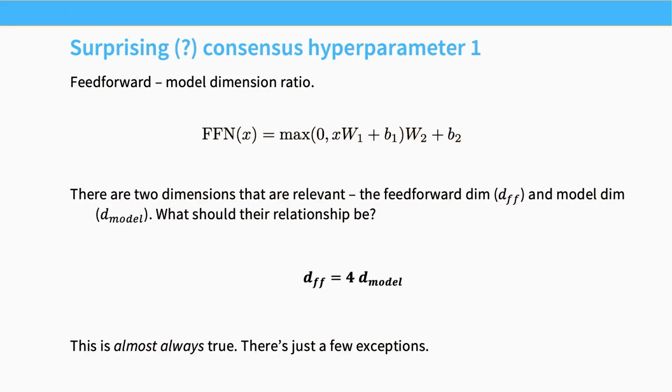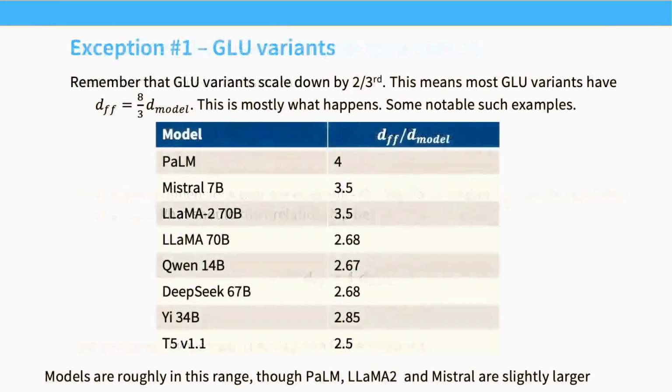So what should it be? Well, for whatever reason, it should maybe be 4 times your hidden dimension, right? And this is a rule of thumb that works remarkably well. And I will show you some data on why maybe this is a fine number to choose. There's a few exceptions. And funnily enough, the really extreme exceptions kind of backtrack on that.